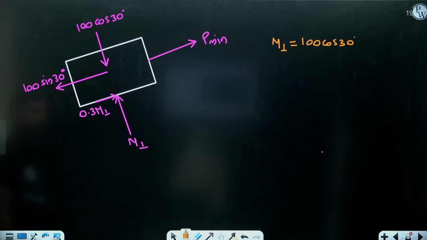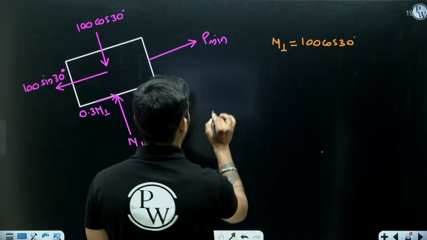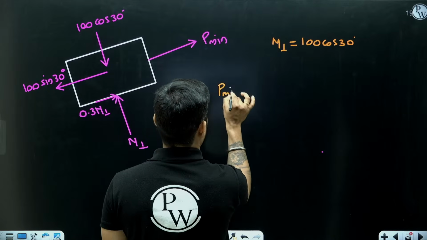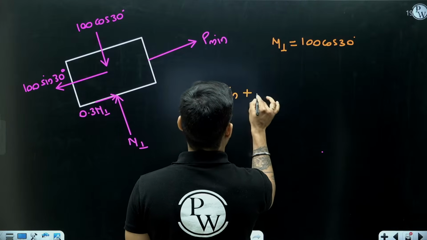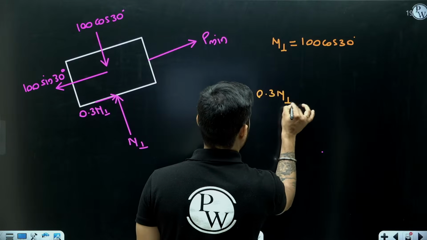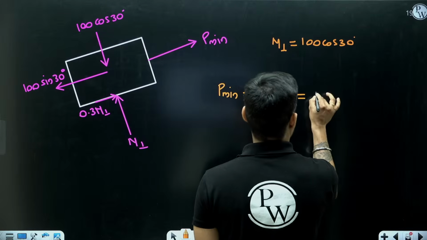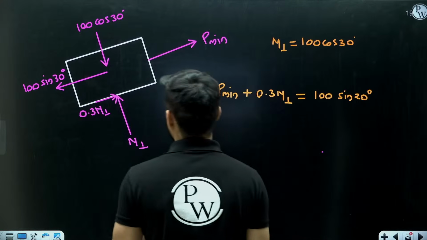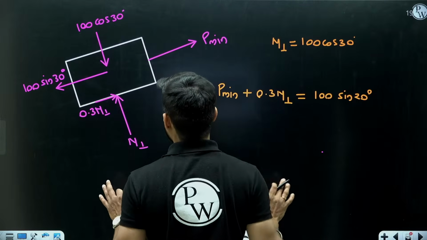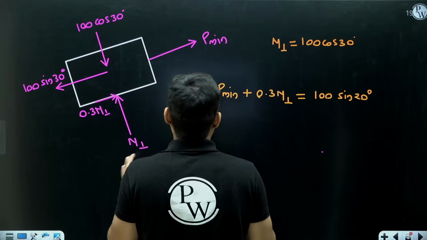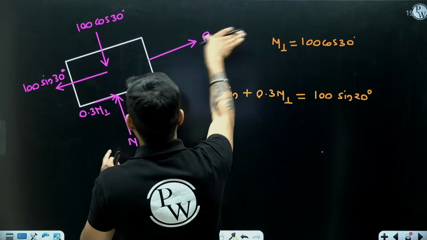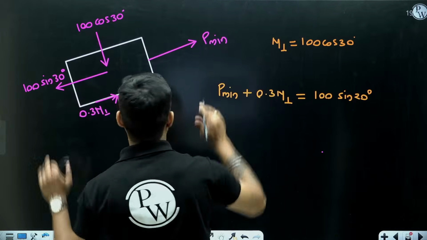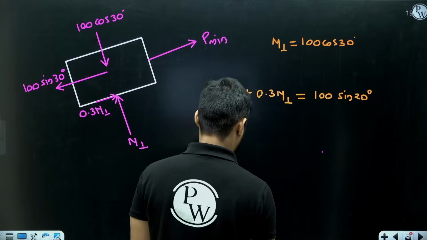So what will be the P minimum here, beta? Here, P minimum plus 0.3 N1 will be equal to 100 sin 30. Na? It is in equilibrium. It is not going down. I am assuming it is just about to go down. So it is in equilibrium. So P minimum plus 0.3 N1 should be 100 sin 30.